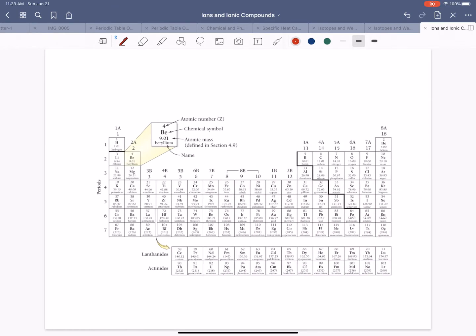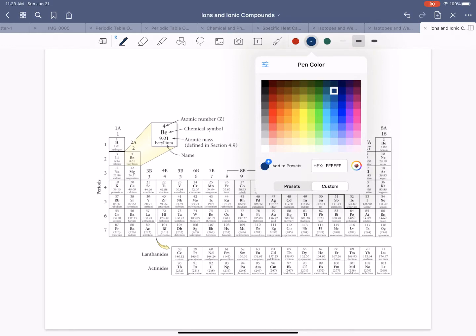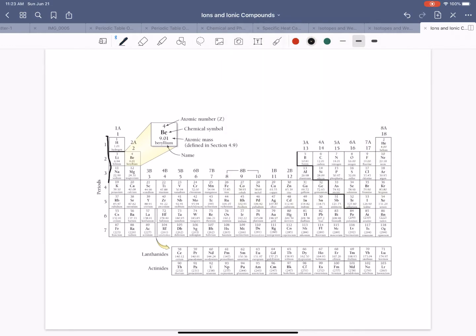So there's a pattern on the periodic table where main group elements gain or lose electrons, and the pattern is this. You'll remember the main group elements are group 1, group 2, and then 3 through 8. So right now we're only talking about main group or representative elements.